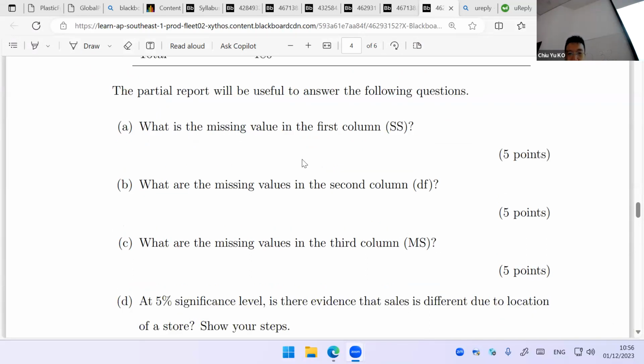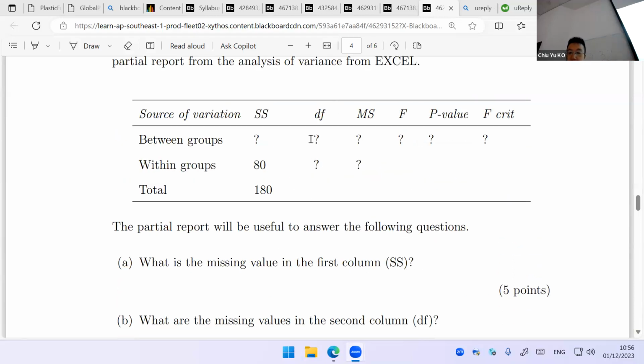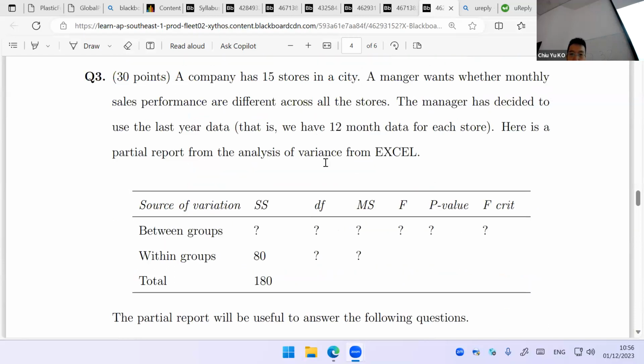So B: what's the missing value in the second column, which is the DF here? If you recall, the DF is the denominator to calculate the variance. For between group means across different groups, how many groups do we have from this model?